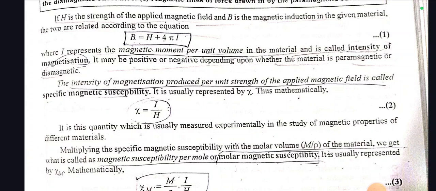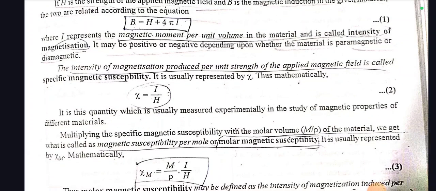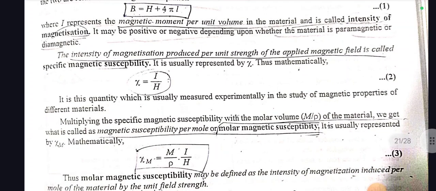The intensity of magnetization produced per unit strength of the applied magnetic field is called specific magnetic susceptibility. It is usually represented by psi. Mathematically, psi is equal to I upon H. It is a quantity which is usually measured experimentally in the study of magnetic properties of different materials.